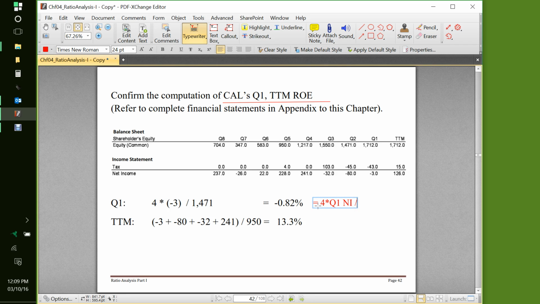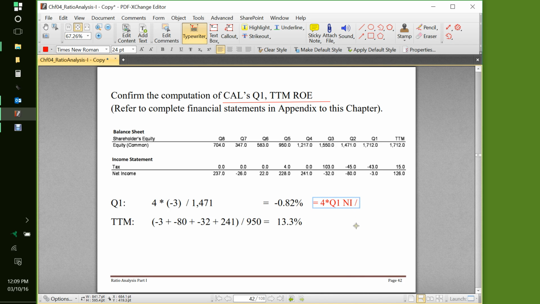And remember, I'm multiplying by 4 because the Q1 net income is net income per quarter, dollars per quarter, and I need to get to dollars per year. I want consistent units of dollars per year. So whenever I have a quarterly income statement number, I have to multiply it by 4.